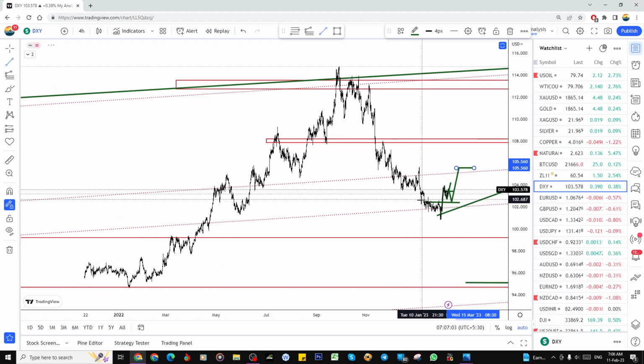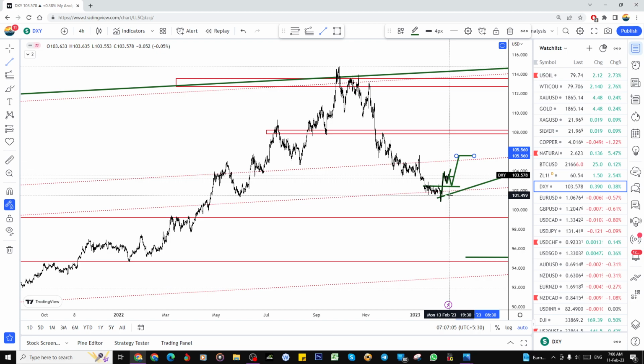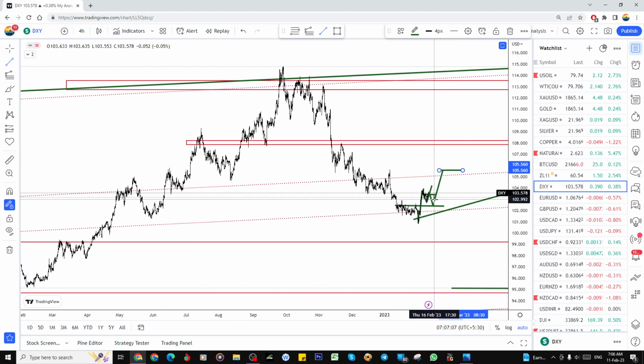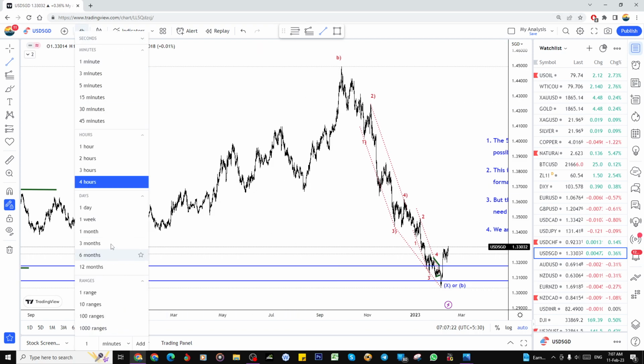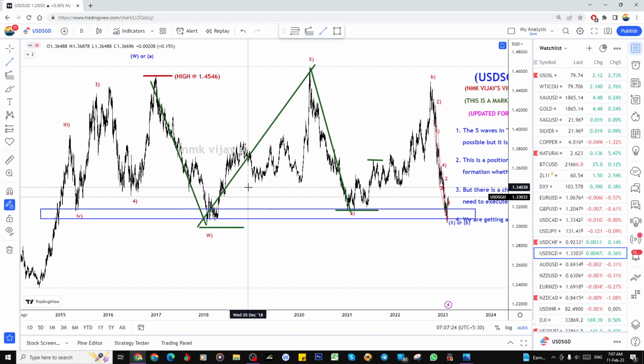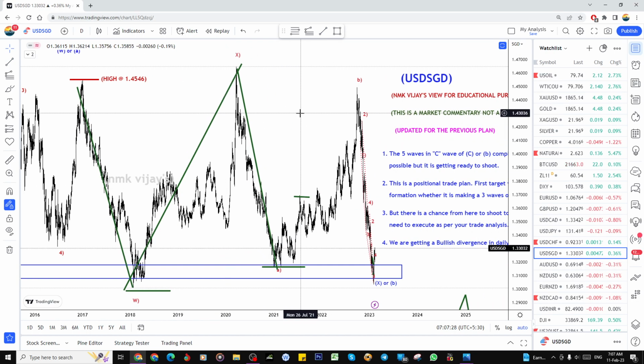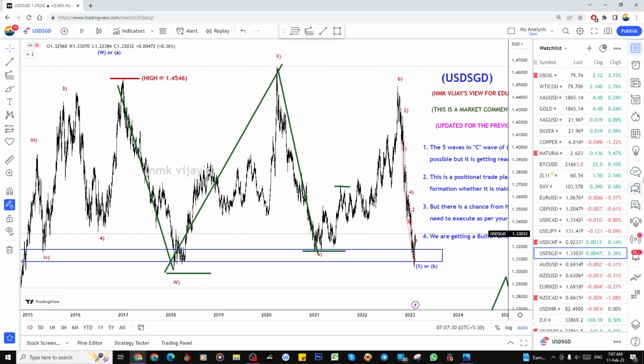But if the DXY gets very strong, the dollar gets strength, and if it goes very aggressively from here, because in USD SGD I already shared my trading view on TradingView and all the social media for those who are following me.